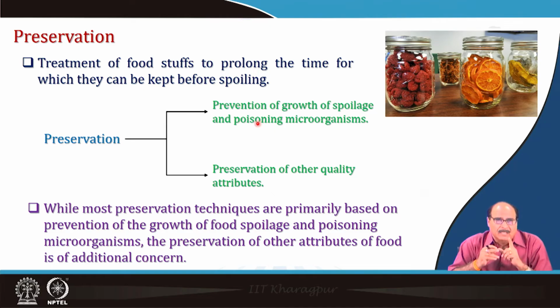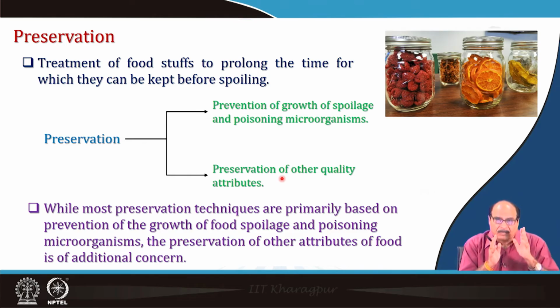In preservation, it is the treatment of food to prolong the time for which it can be kept before spoiling. While most preservation techniques are primarily based on the prevention of growth of food spoilage and poisoning microorganisms, the preservation of other quality attributes is also an additional concern.